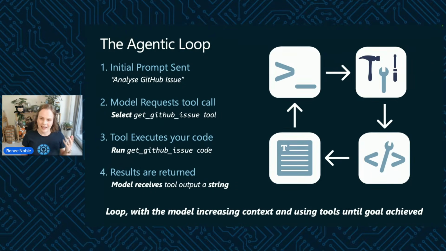So it's going, hey, I've got a bunch of tools that you've provided me that you've coded up yourself. I've decided that this one, based on the description you've given me, would be the best one to use. So I'm going to go ahead and use that. Here, we're going to execute that tool and get back some results. So we've got more context in the form of a string that goes back in and becomes part of this ongoing context that we build until we can get the final resolution to the initial prompt that we sent.